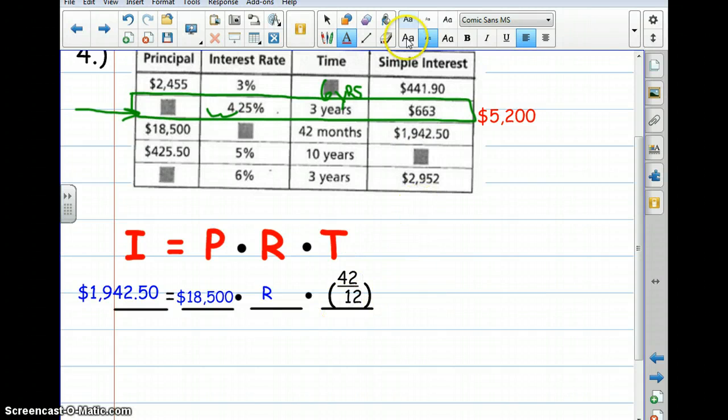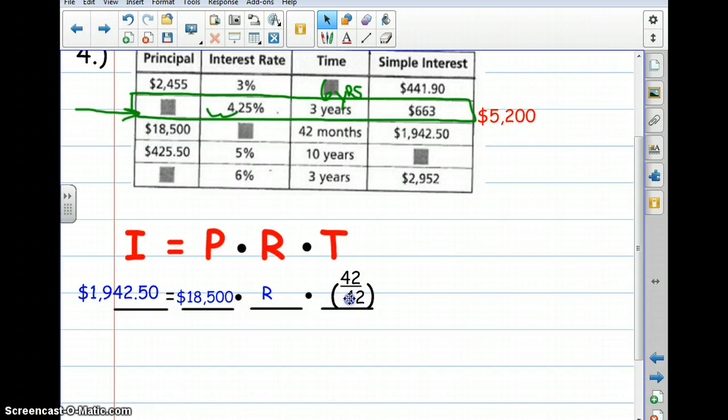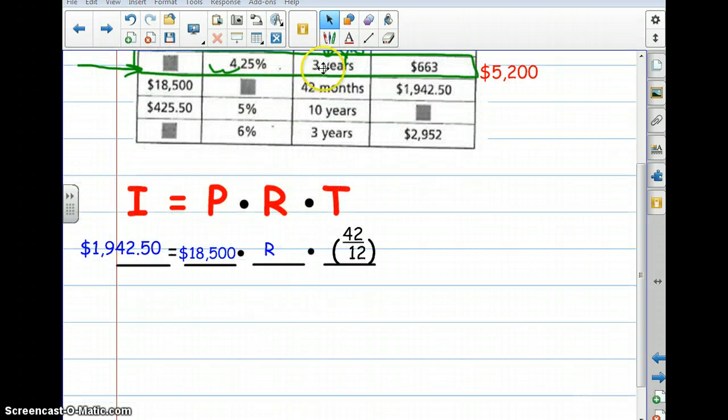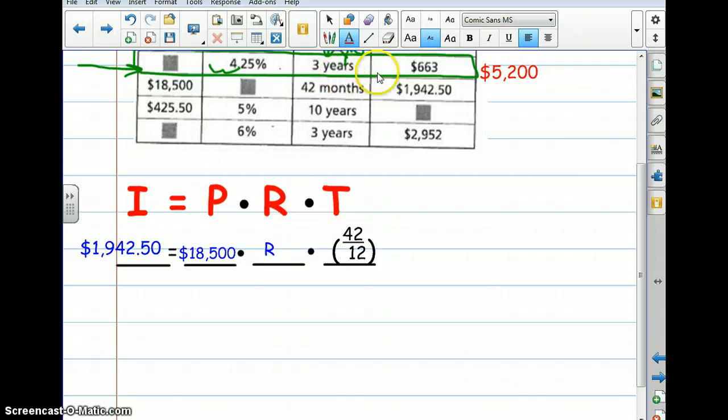If you're using your TI-30 that we've done in class, you can put this in just as a fraction, or you can simplify it. If we choose to simplify it, 42 divided by 12, we know, is going to be 3.5.